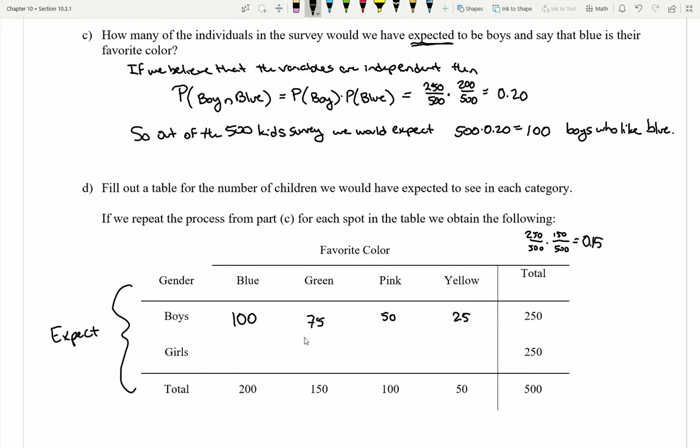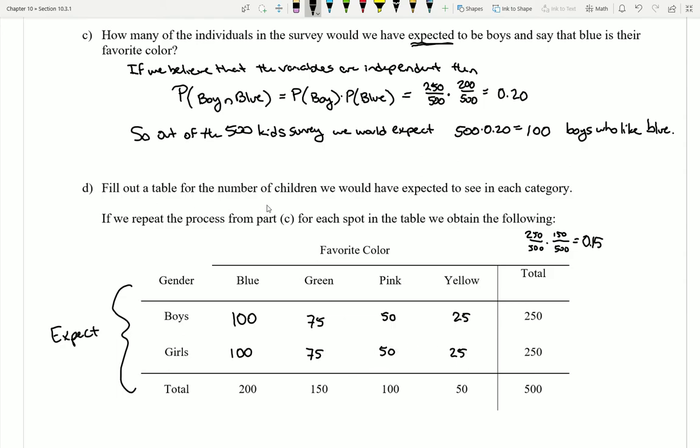The interesting part is that all of my calculations when I switch to girls that like different colors are going to be pretty much identical, because instead of having 250 over 500 for boys, I would swap out girls and I would still have 250 over 500. So the starting fraction won't change when I go to girls. The second fraction will, but they'll just change as I move along the colors. And so I'm going to end up with the exact same values down here.